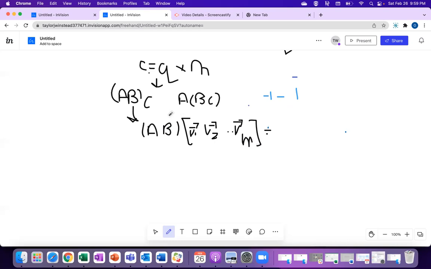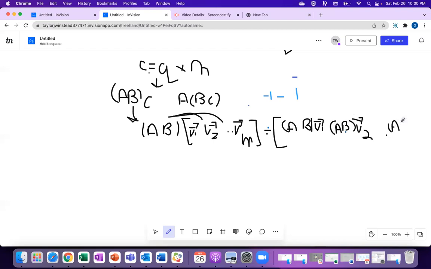Well, if we multiply these things, we obviously know that that's going to become AB times v1, and then AB times v2, all the way out to AB times the vector v_m.